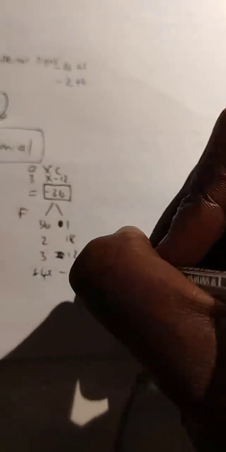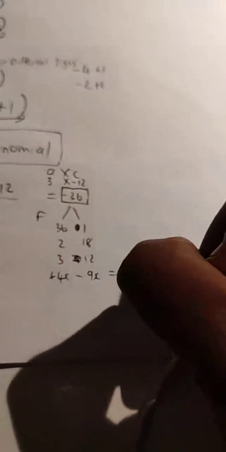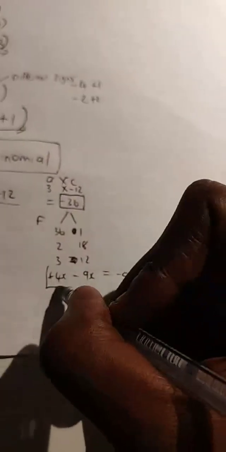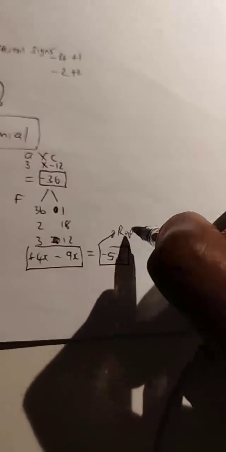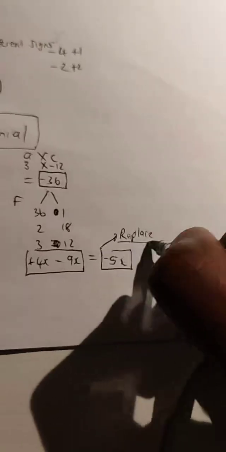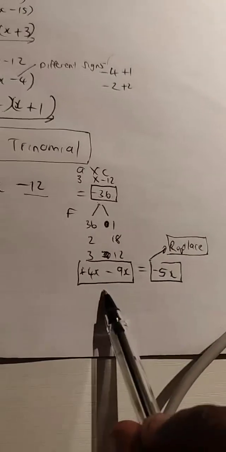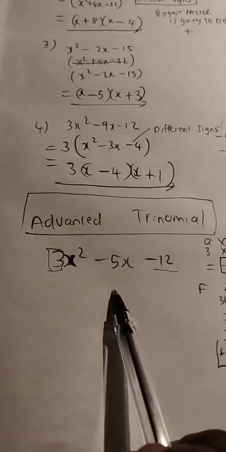So now we can put x, and we know that the addition gives us negative 5x. So 4x minus 9x needs to replace negative 5x in the original expression. So what we say is 3x squared.